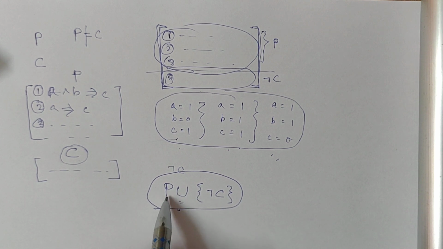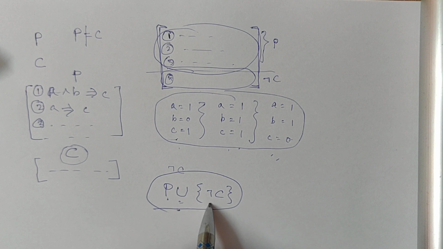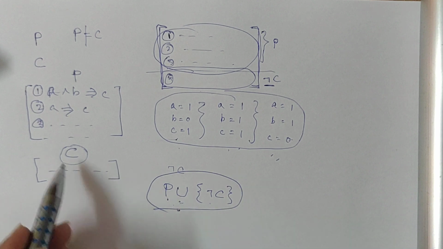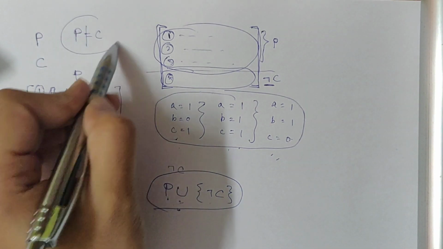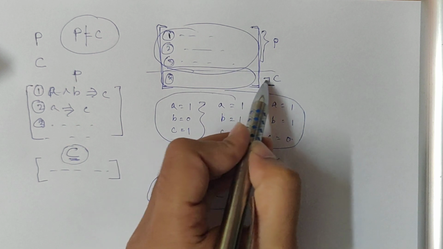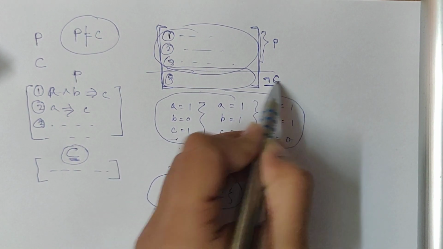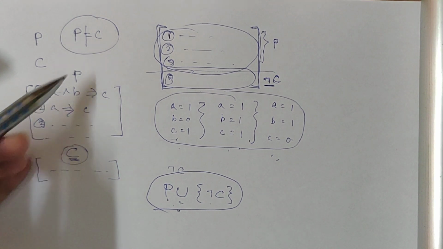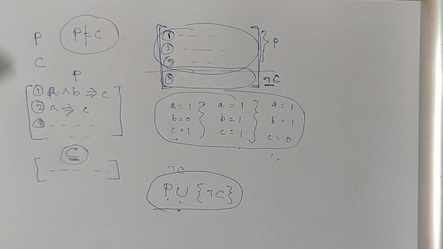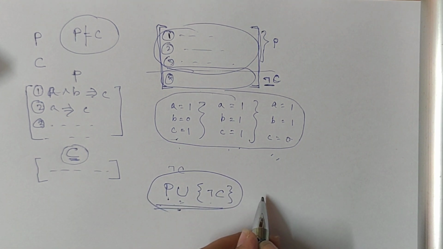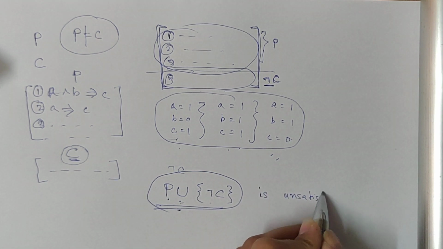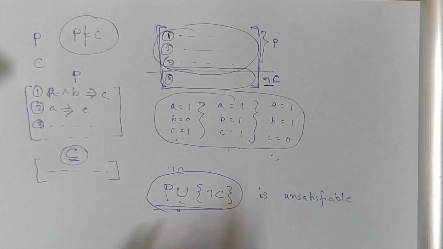I have one set as P, and I have added to that set not of this C, when I already knew that there is a logical entailment. So if I know that there is a logical entailment, I can say that P union not C is unsatisfiable, right?